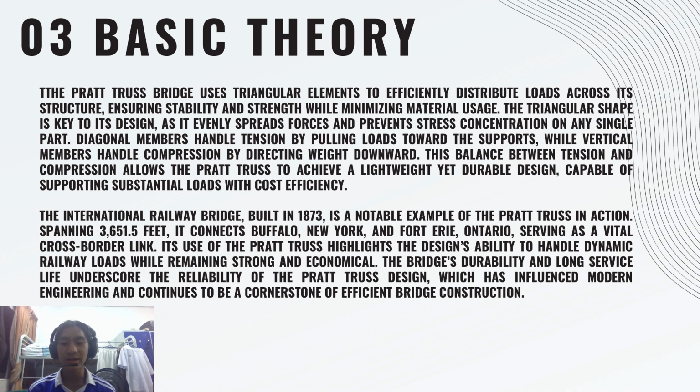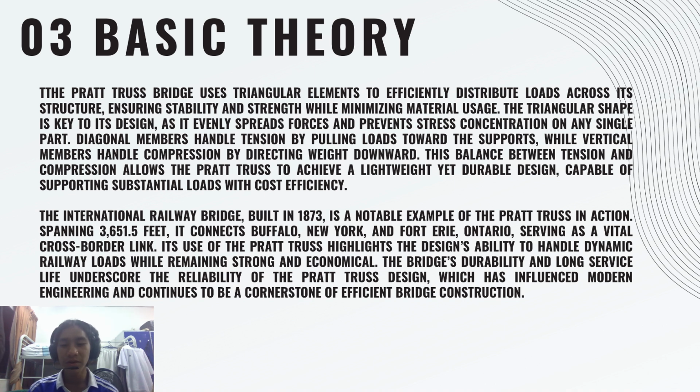The International Railway Bridge, built in 1873, is a notable example of the Pratt truss in action. Spanning 3,651.5 feet, it connects Buffalo, New York, and Fort Erie, Ontario, serving as a vital cross-border link.